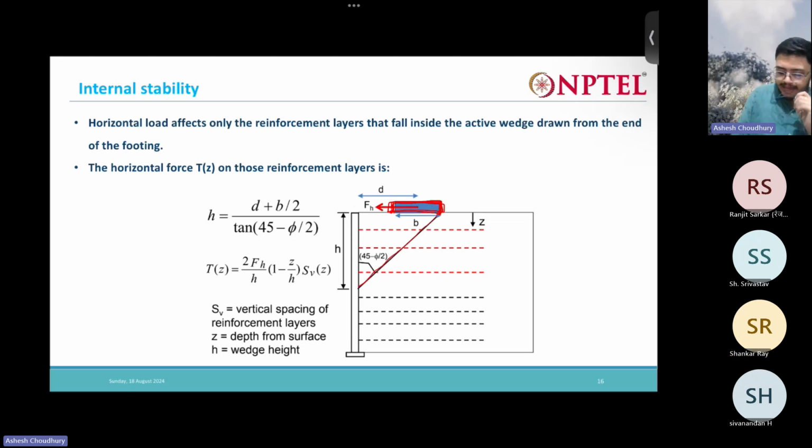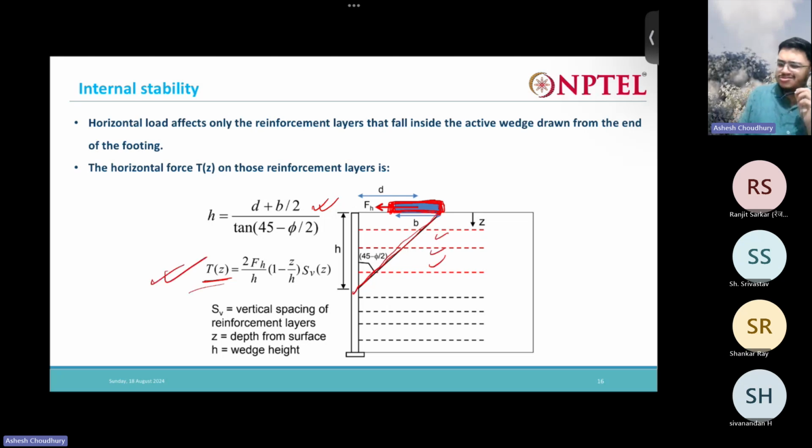Now this h is given like this, and Tz is nothing but the force or the load that is coming at each height. Now this Fh is acting here at this block, so this is a crash barrier. Say this Fh is acting like that, so from that load how will you distribute it to the reinforcement, that is given here.